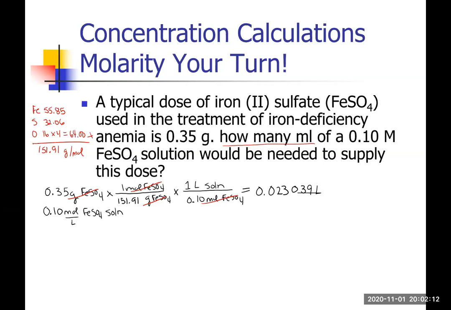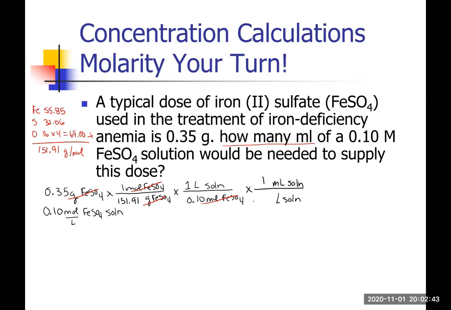So I need to convert that to mils, and I can do that conversion either by moving the decimal point, or again, instead of stopping there, I could have just kept going, right? So I can get rid of all of this and do my other conversion, putting liters of solution on the bottom and mils of solution on the top.